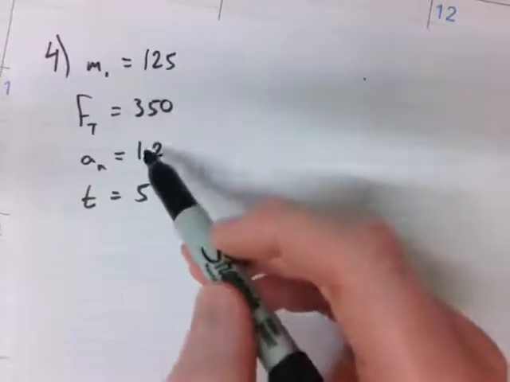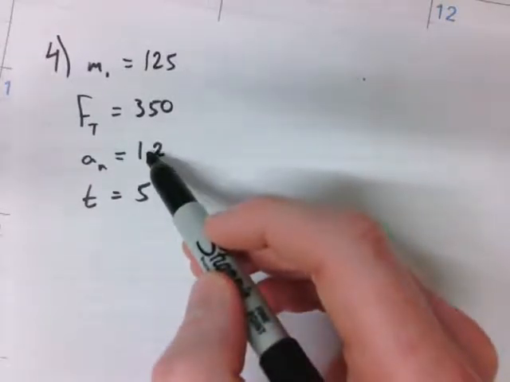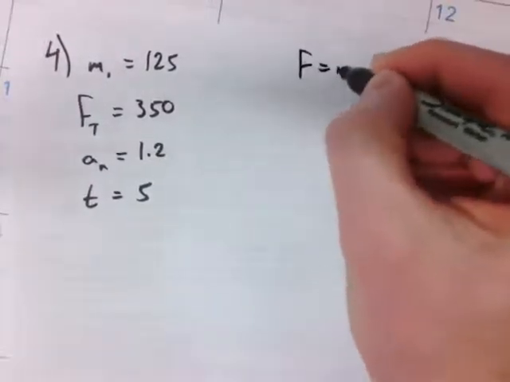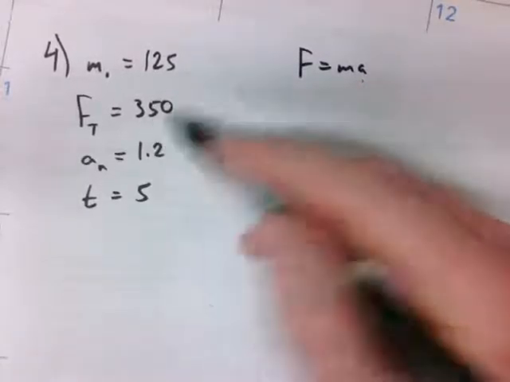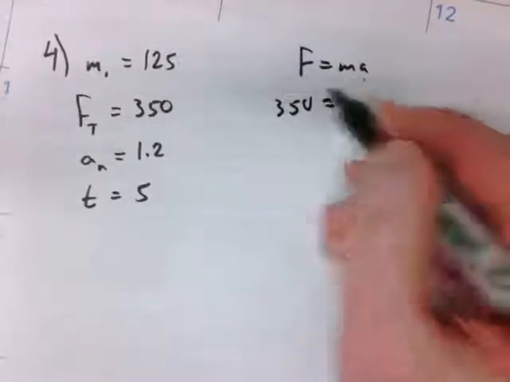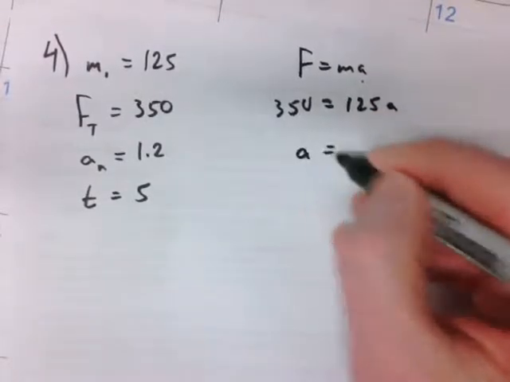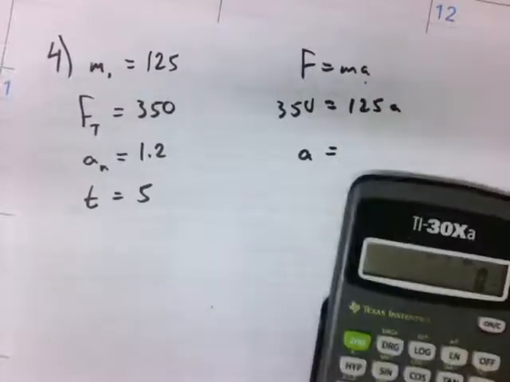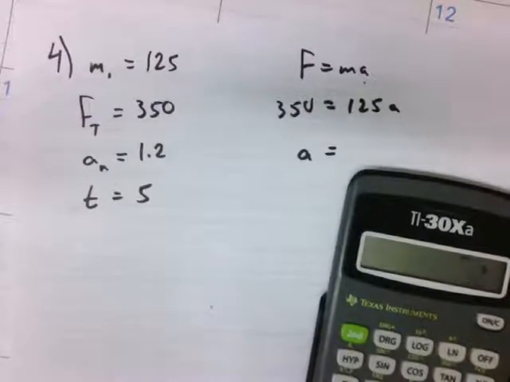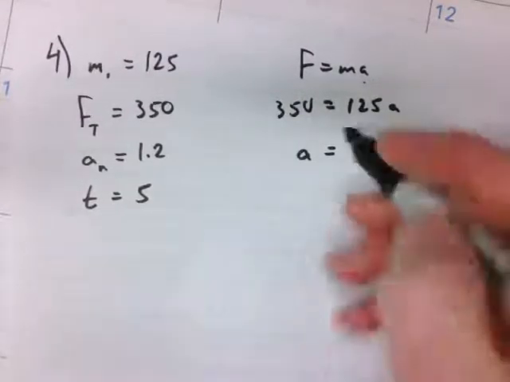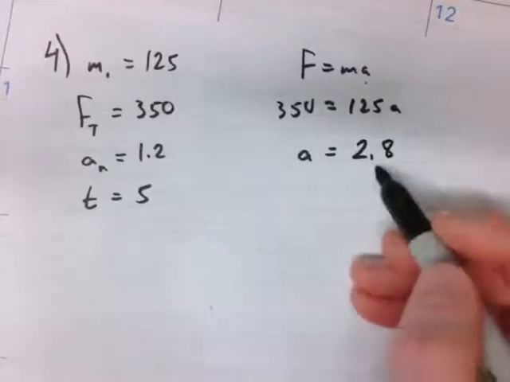We can figure out what the acceleration would be if it was frictionless. F equals ma, force of 350, mass is 125, divide both sides by 125, 2.8.